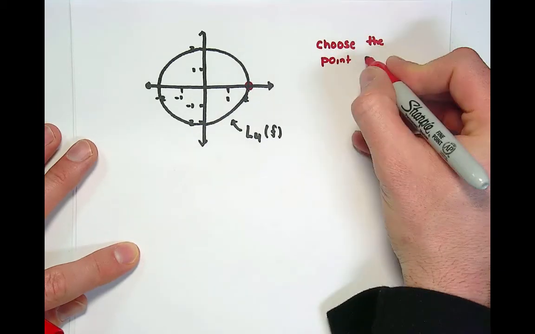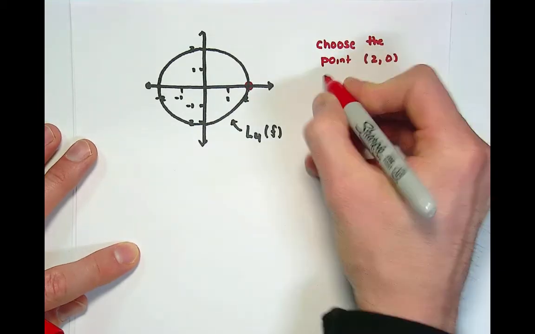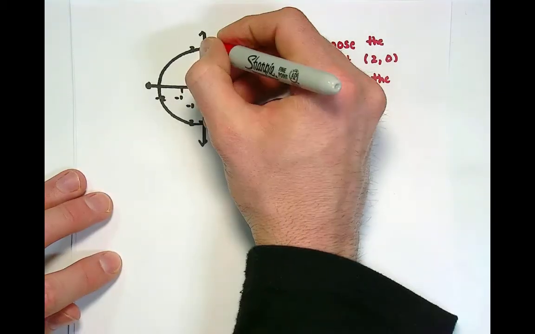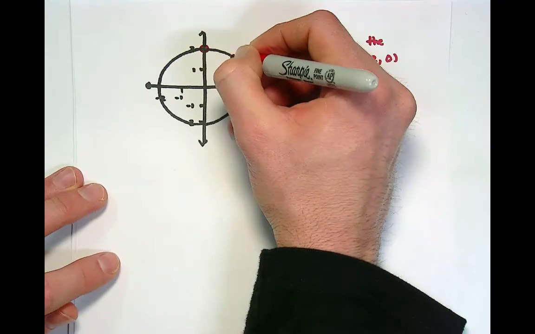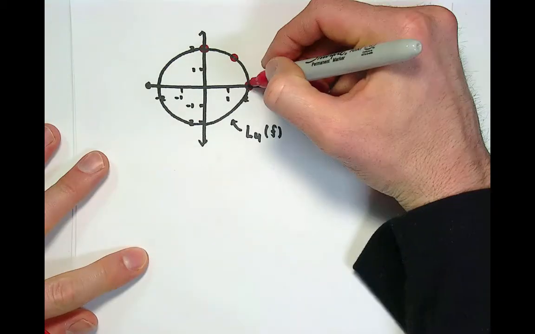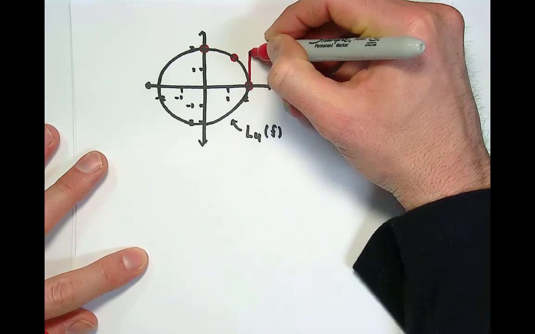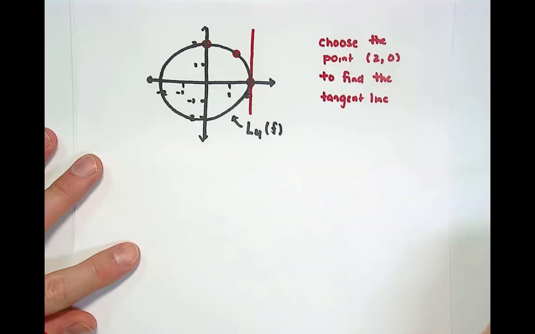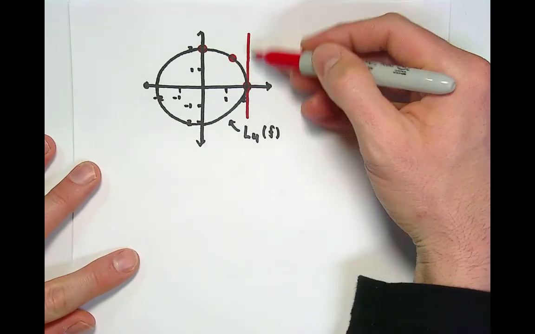So what would this be? 2, 0 to find the tangent line. And then later we might choose this one, and we also might choose this one at a 90-degree angle. If you look at the tangent line to this curve, we expect that line to have no slope, which we'll see in a bit, and it should go through that point.